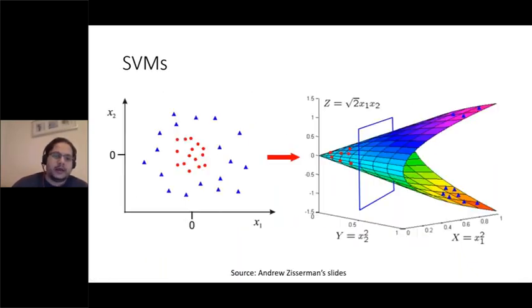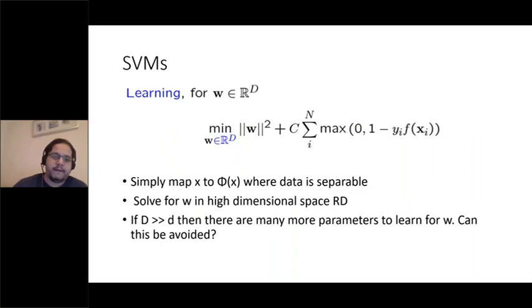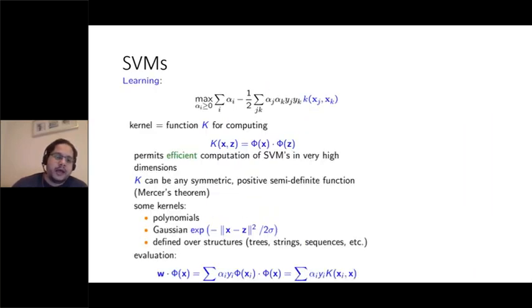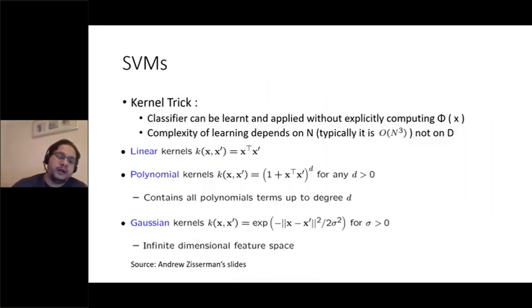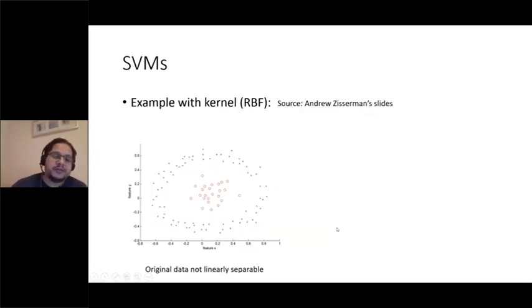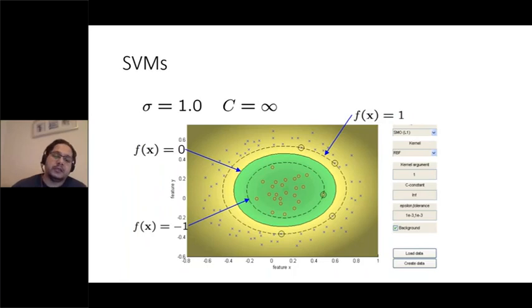The kernel, and the kernel trick. In the kernel trick, we don't need to compute the new points. We just need to know how to compute their dot product. This is the kernel trick, and the Gaussian kernel is an infinite dimensional kernel. What sigma represents is how smooth things are going to be in the higher space.